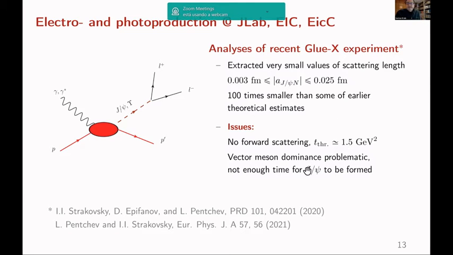This was not mentioned, but it is one of the most important, I think Craig asked this question: you actually don't have access to the forward angles with electron scattering here, because the minimal t at forward t equals 0 is of the order of the modulus of t, of the order of 1 GeV squared.